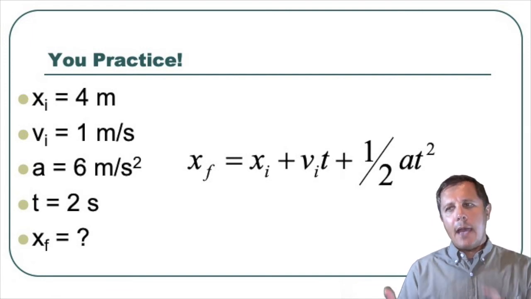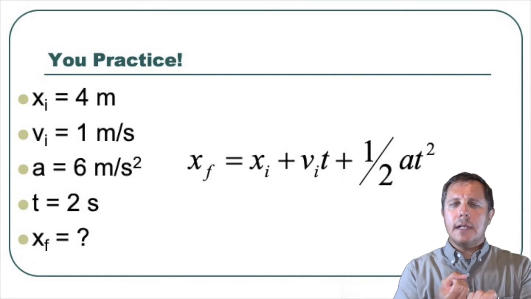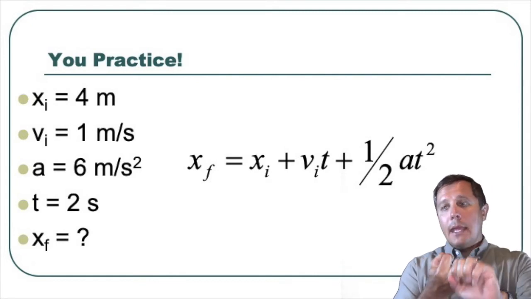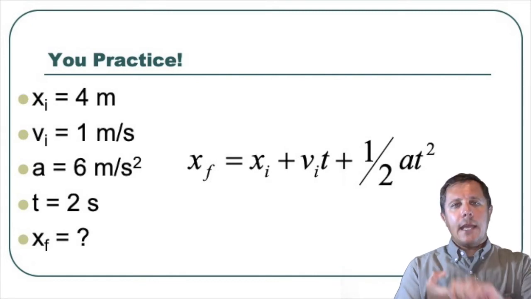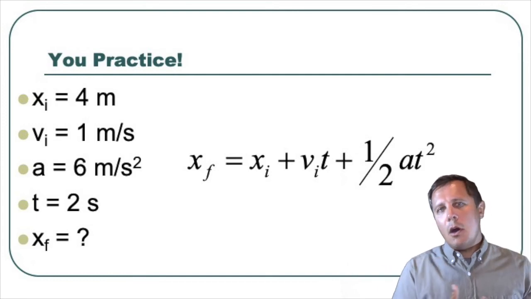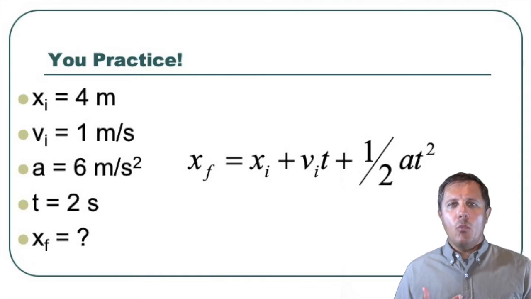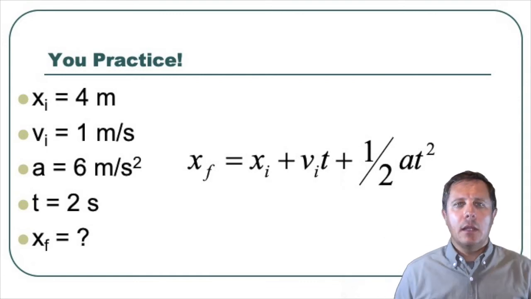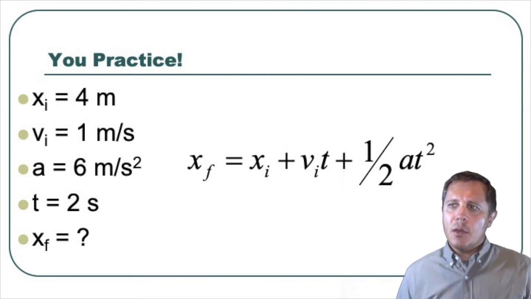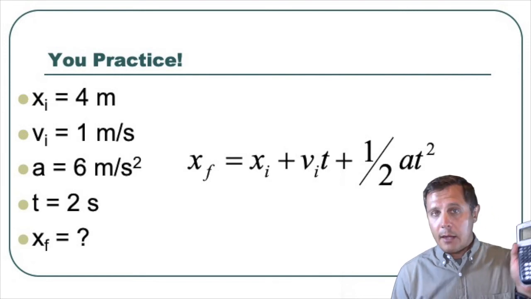All right, so I have initial position, I have initial velocity, I have my acceleration, and I have time. You could plug this all into the equation and figure out on what yard line or meter line I'm going to end up. So I could do it on my calculator here.